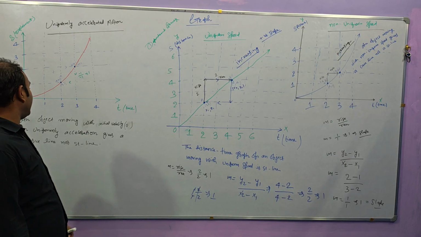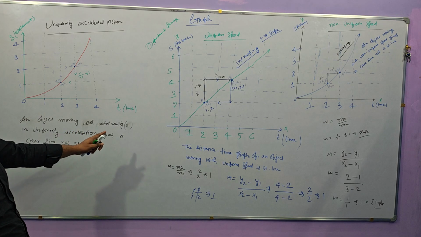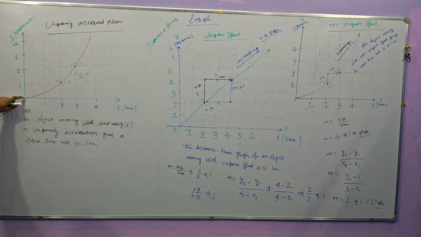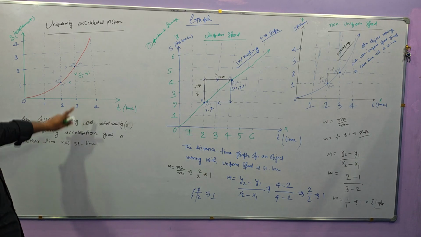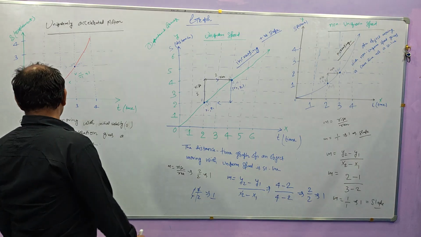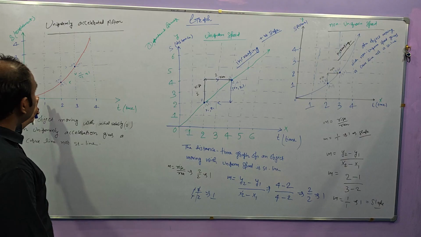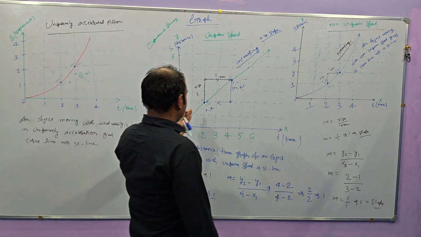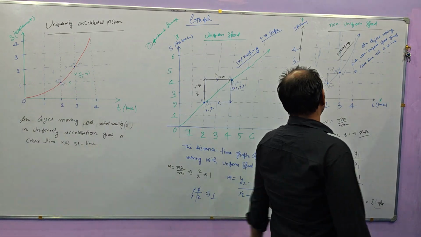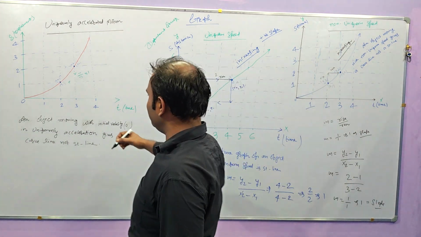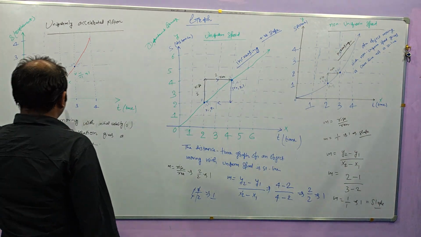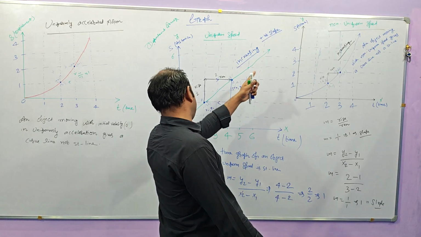So an object moving from initial velocity 0 with uniform acceleration gives a curved line, not a straight line, because it's parabolic.